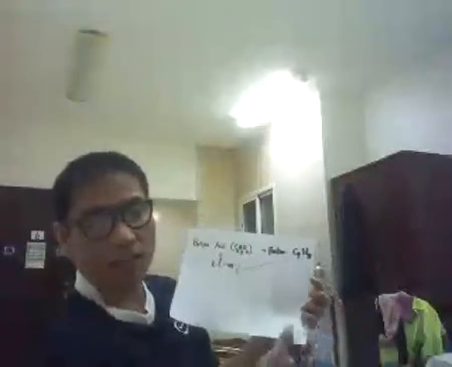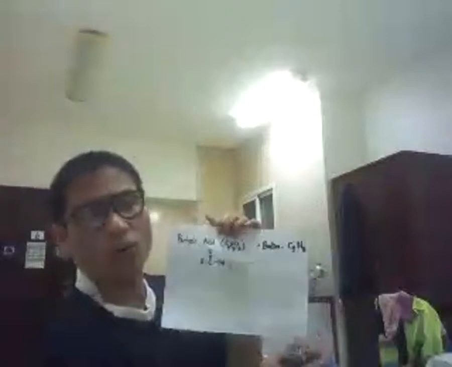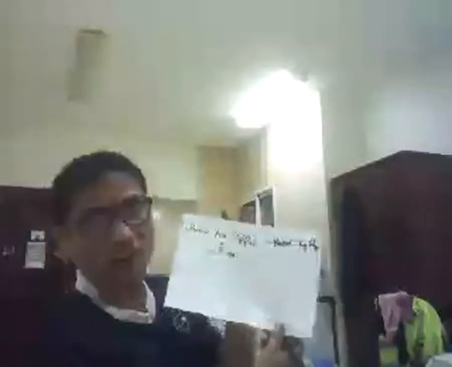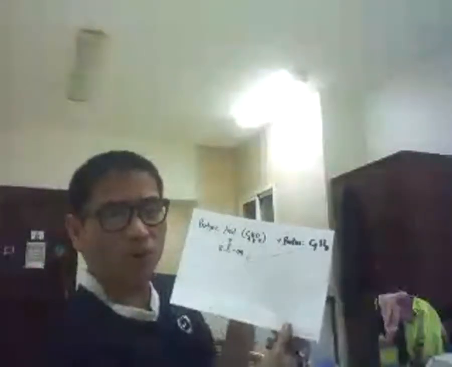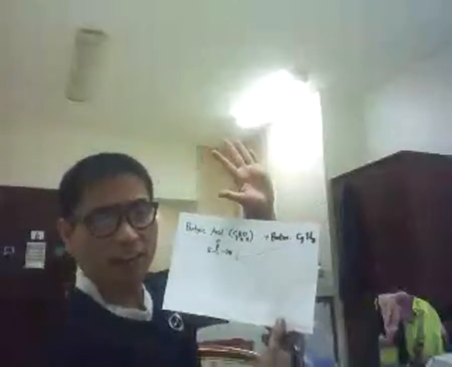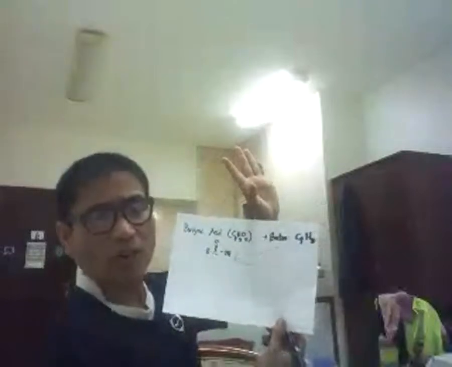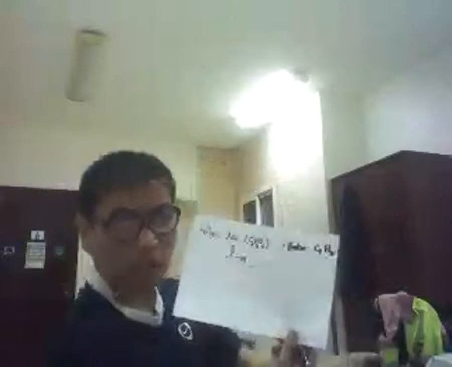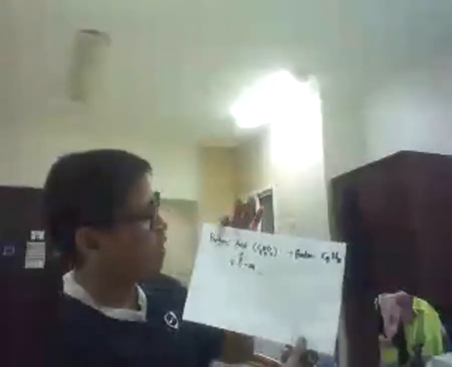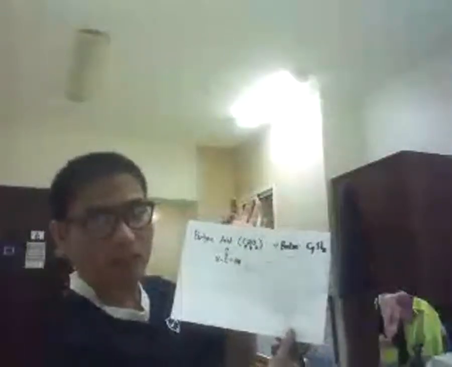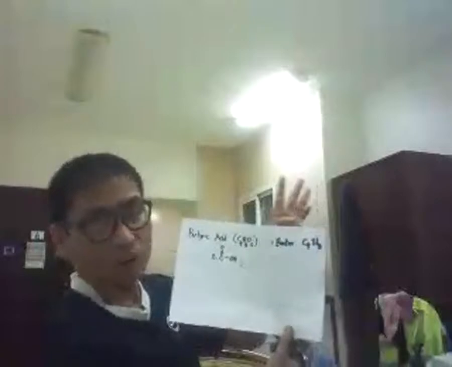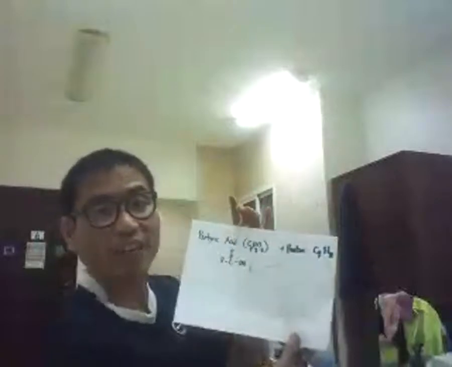Your clue also is the first letter. If it is butyric, in that alkane and hydrocarbon family, only one started with B, so butane. If it is propanoic, there's only propane there, so use propane as a clue, the first letter.